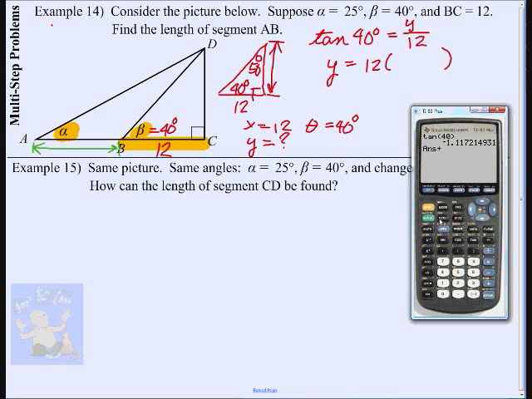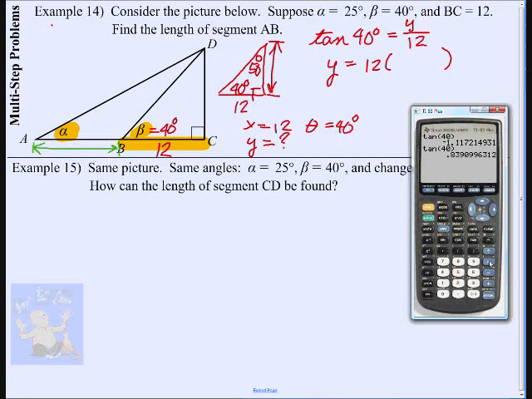I must have done something wrong. Let's look at the mode. Somehow I didn't get that to stick. All right, there we go. Try it again. Tangent of 40 degrees. It gave me tangent of 40 radians. Good thing I know that it should be positive. All right, that makes more sense.